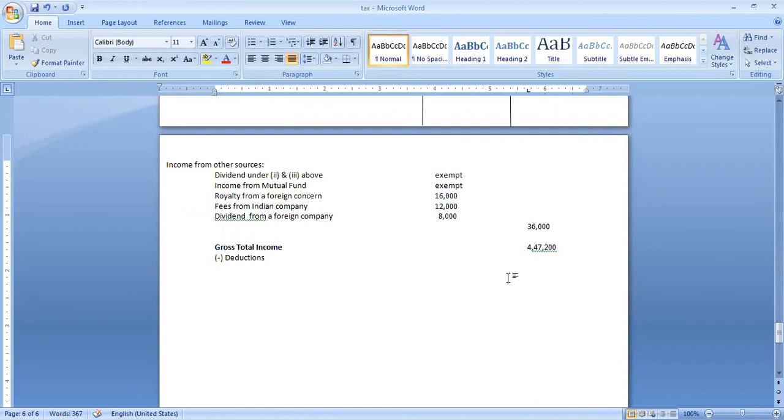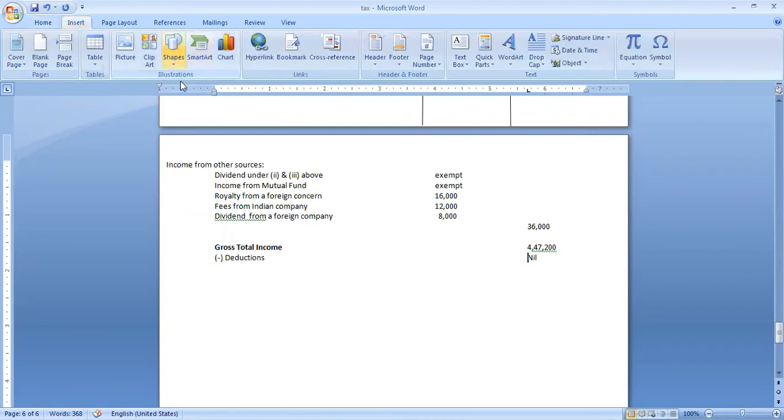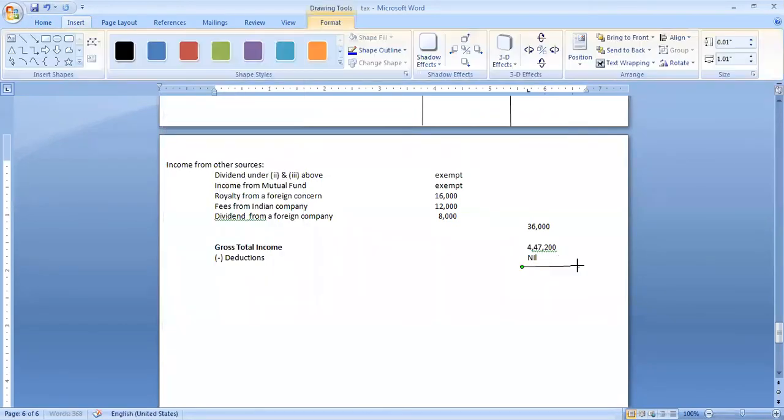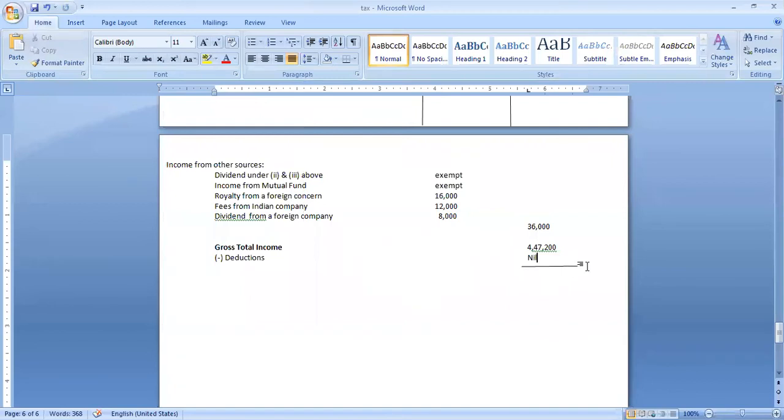Hence, you simply write nil. Whatever amount is there, you drop down as it is. Deductions are nil. So 4,47,200 you drop down.